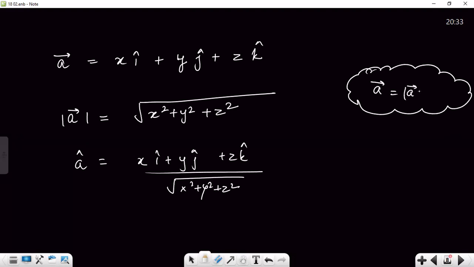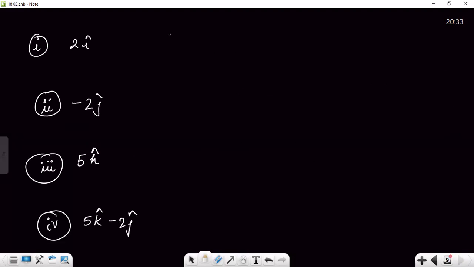Now, the first vector, let me call this A vector. Its magnitude is 2, its direction is I cap. If this is A vector, then its magnitude is 2.